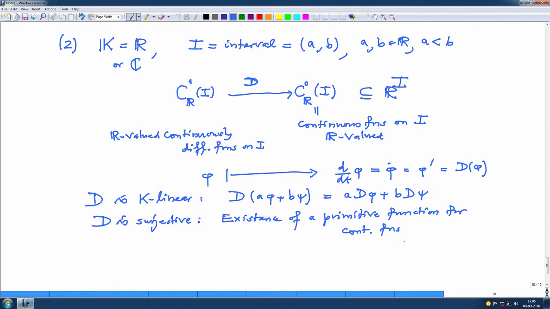Given any continuous function, there is a function which is called a primitive function, and some people also call it the integral. The fundamental theorem says that the integral of phi exists, and the derivative of this integrated function is precisely the given function phi. This is also known as the fundamental theorem of calculus.